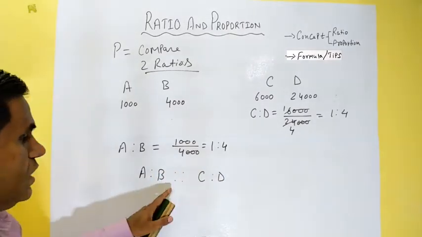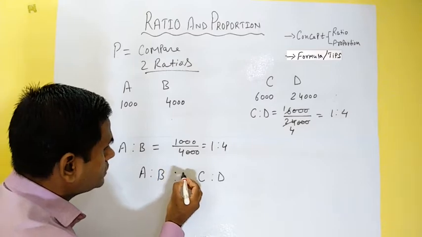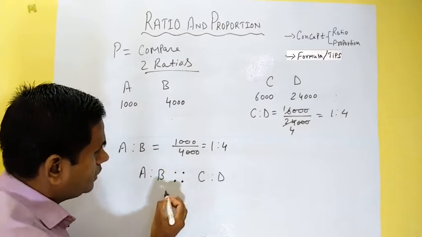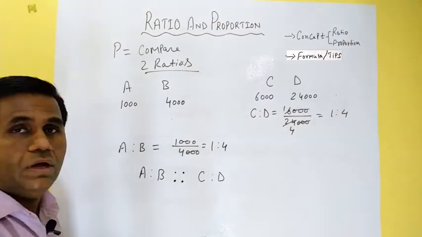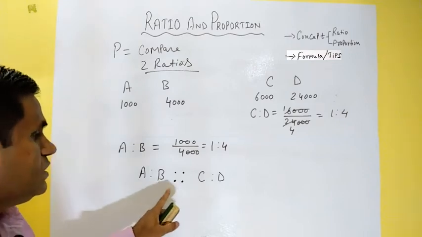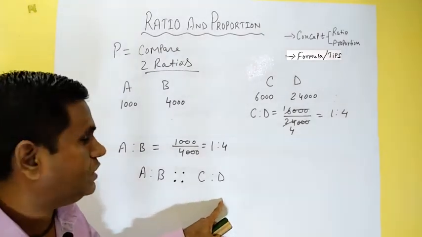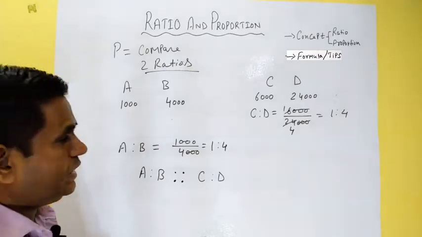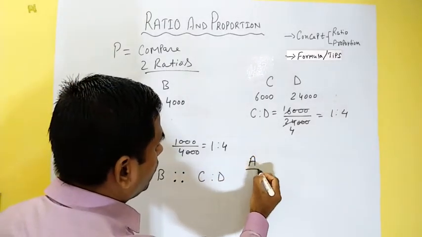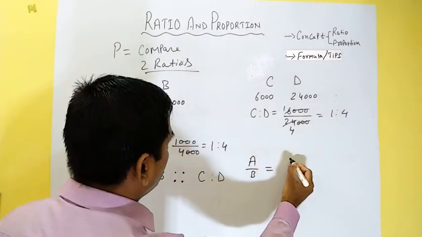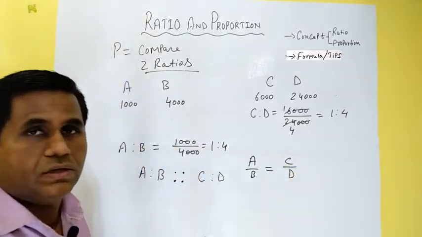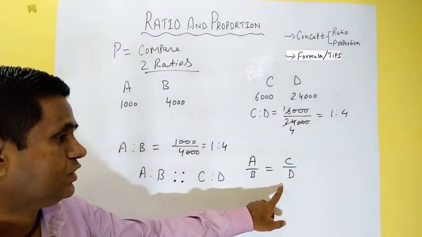For proportional we give 4 dots here. So the ratio A is to B is proportional to ratio C is to D. This can also be written as A upon B is equal to C upon D. So this is the proportion.